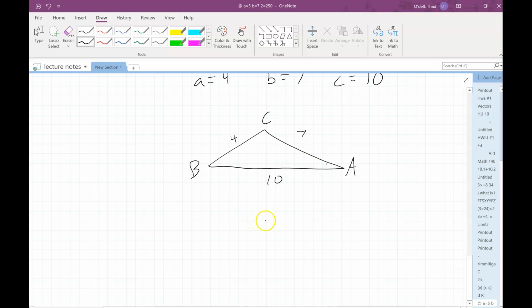So that means that small a squared is equal to 16 plus 49 minus 2 times, whoops, that's not right. What am I doing here? Small a, nope.